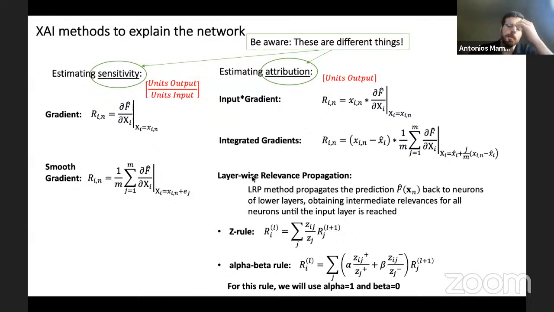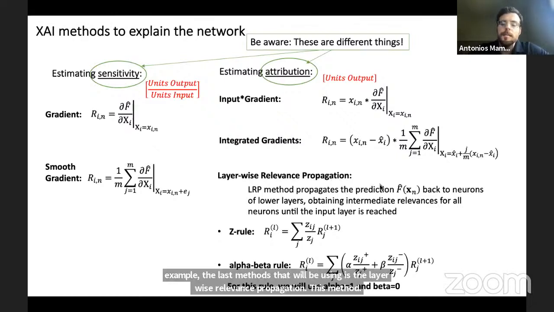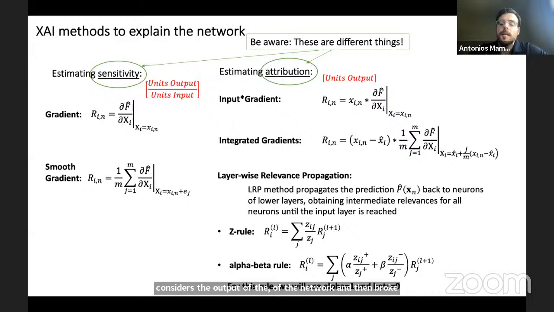The last method that I will be using is layer-wise relevance propagation. This method considers the output of the network and then propagates back the prediction to lower layers. In this way, by propagating back the prediction and ultimately reaching the input space, we are able to assess the importance of each input feature to the prediction.